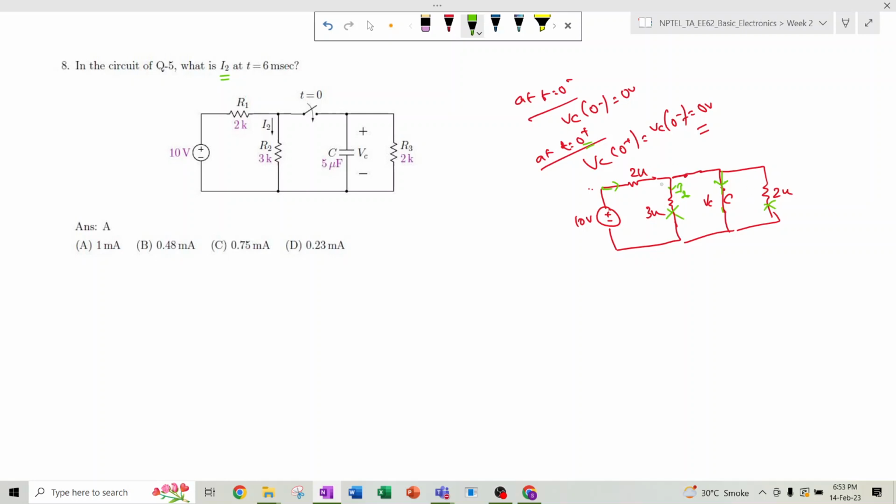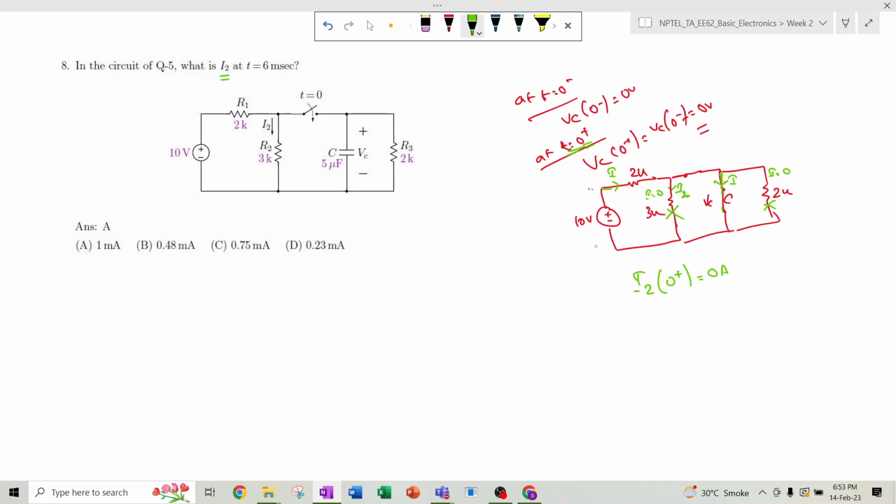These three are basically parallel. So the current in those two paths will be 0, and I2 at t equal to 0 plus is 0 ampere.